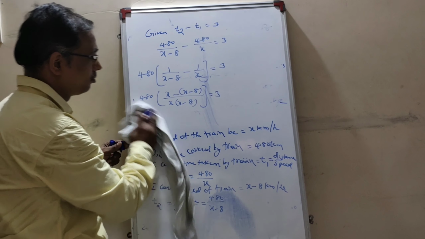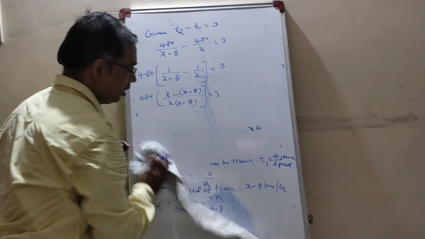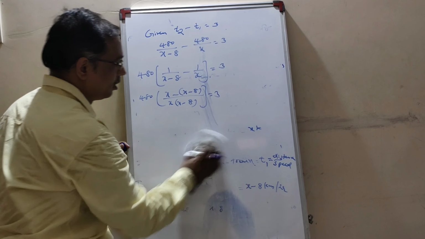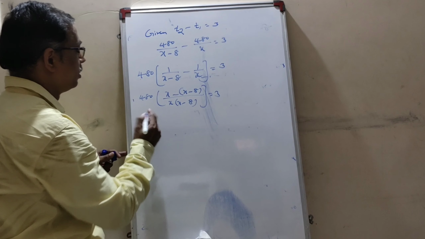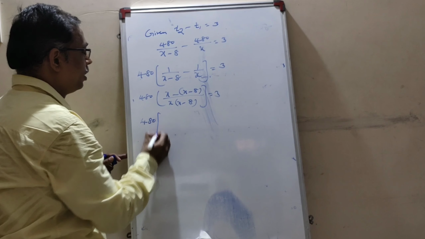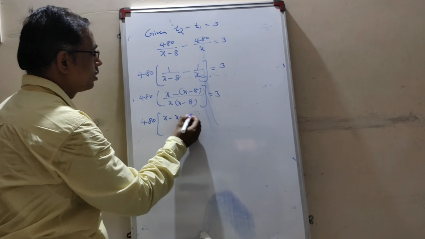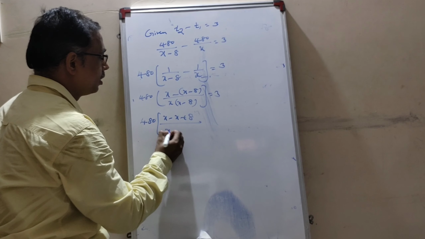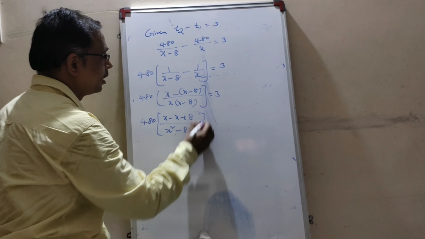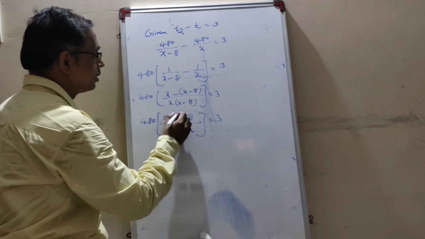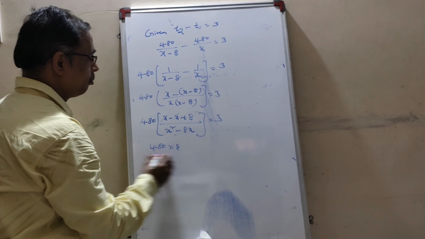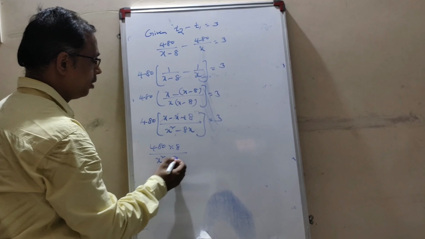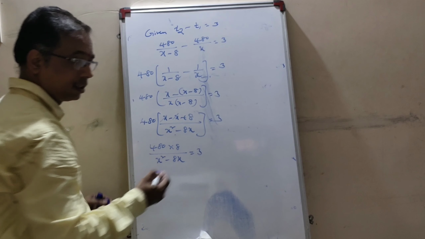And then here we get 480 into x minus x plus 8 by x square minus 8x is equal to 3. x gets cancelled. So 480 into 8 by x square minus 8x is equal to 3.